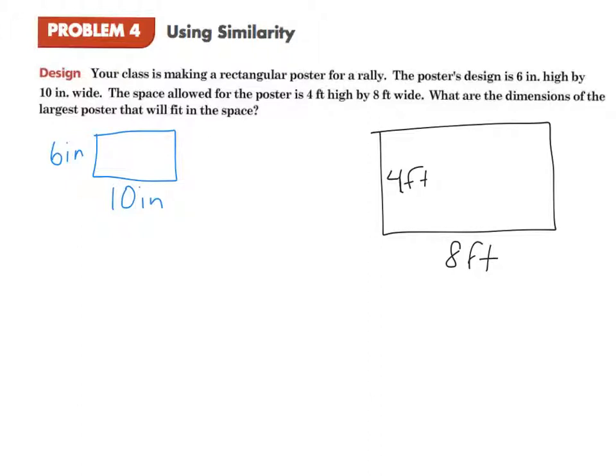So right now we have 2 different units, so let's go ahead and get everything into inches. So the 4 feet will be 48 inches, and the 8 feet will become 96 inches. So now comparing the sides, I can see that the 6 inches needs to fit here, and the most that the 6 inches can go into 48 is going to be 8 times.